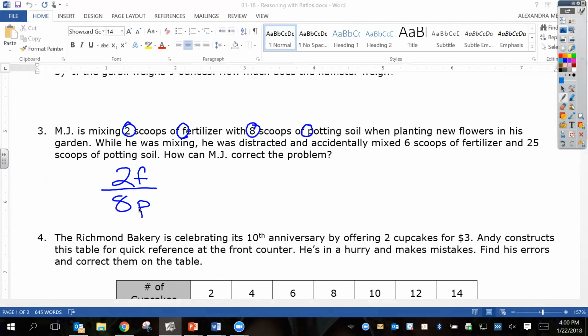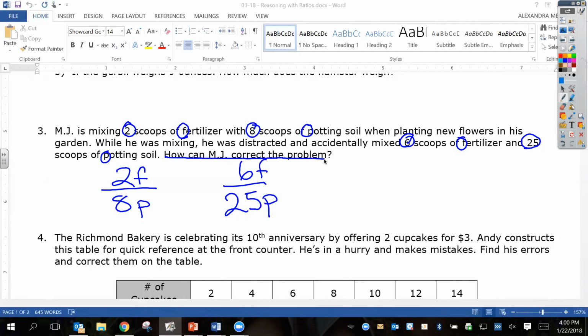While he was mixing, he was distracted and accidentally mixed 6 scoops of fertilizer and 25 of potting soil. How can MJ correct the problem? How can he fix the problem? What is it that he did?